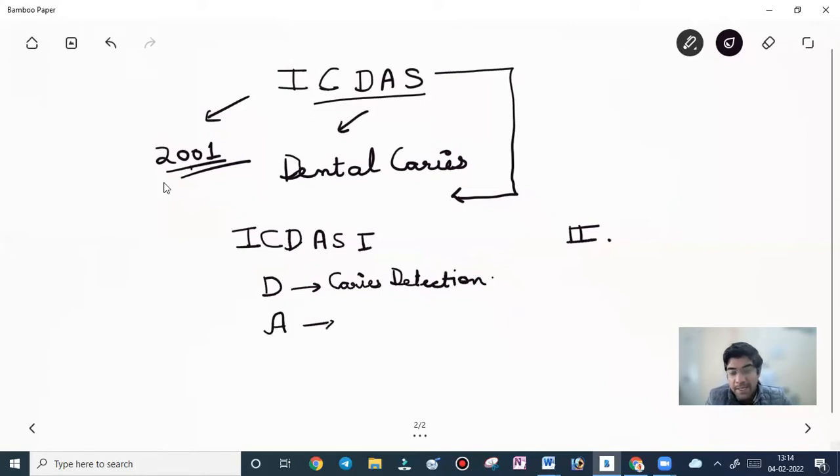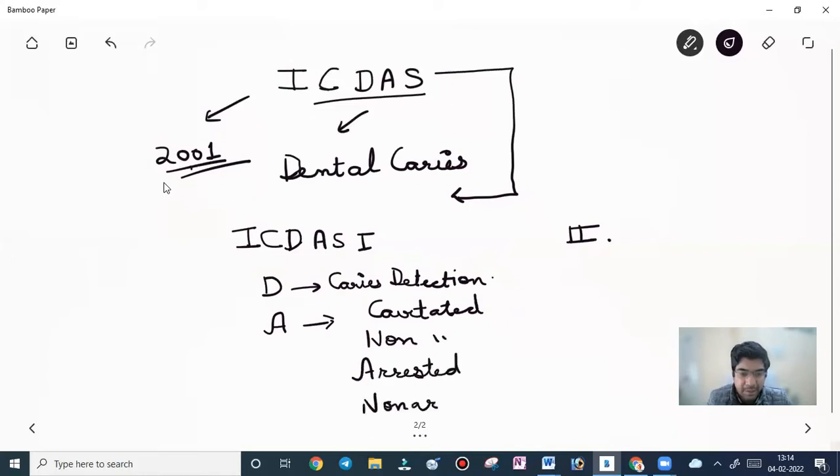The A component is for assessment of caries process, that is whether it is cavitated, non-cavitated, arrested, or non-arrested caries. So remember here, the root caries was not included.